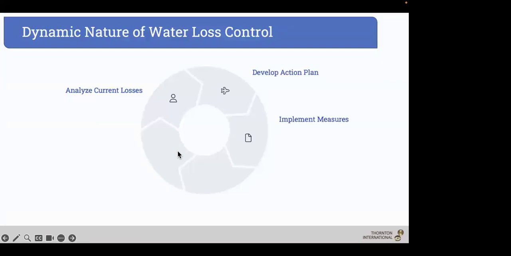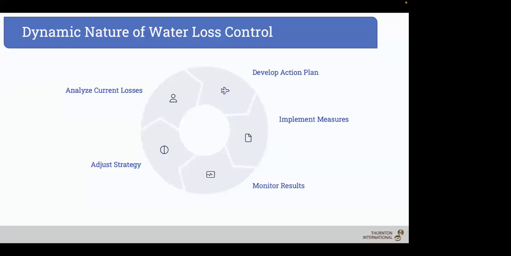Then you think about implementing the measures: plan the interventions following the prioritization framework to maximize the impact. You need to monitor the results, tracking the performance indicators to measure the results of the implemented measures. And adjust the strategy. So you always need to update your work plan considering the new conditions of the system.